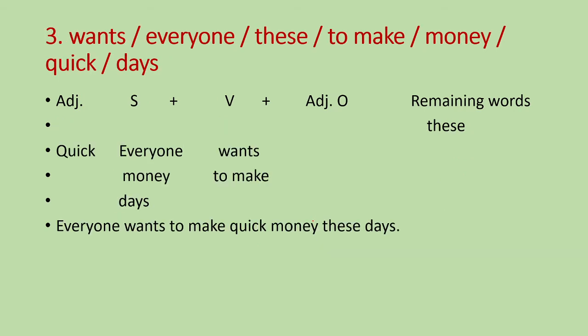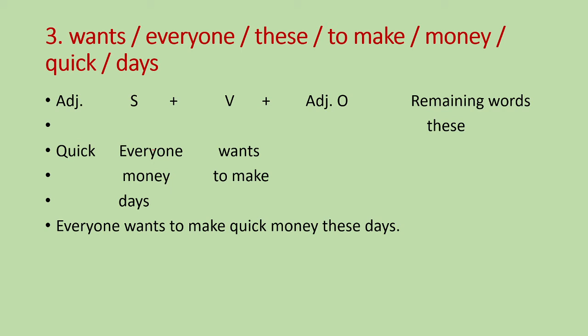Next sentence. So wants will come under verb, everyone will come under subject, these you can write under remaining. To make, it is again verb. Money, it can be subject, it can be object. Quick, it is adjective. Days, again it's a noun, it can be a subject or an object. So now let's begin. The sentence will begin from everyone only because there is no other subject to begin the sentence.